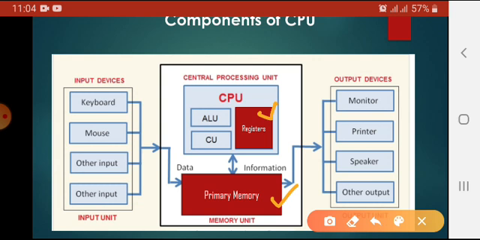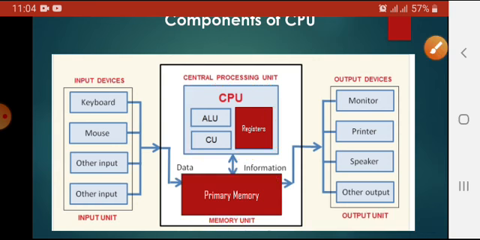Registers are the memory which is present inside the CPU chip, and this CPU is also attached with the primary memory, and the primary memory is the RAM chip, random access memory. So the CPU has its own memory known as registers, and this CPU is also linked with the primary memory of the system.